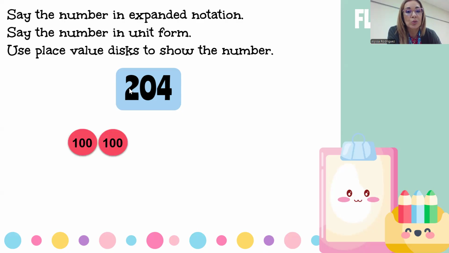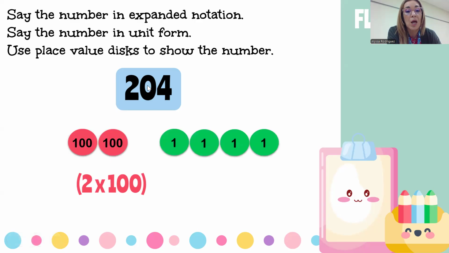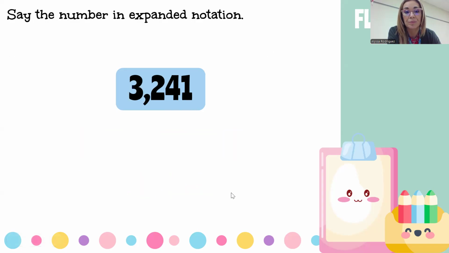We have 200, 100, 200. This is how we write an expanded notation. We have nothing in the tens, so we do not put 0 times 10. Don't put anything. There's nothing there. So we go straight into our ones. In the ones, we have 4. 1, 2, 3, 4. And then that is how you write an expanded notation. Here's the next one. Do this one.